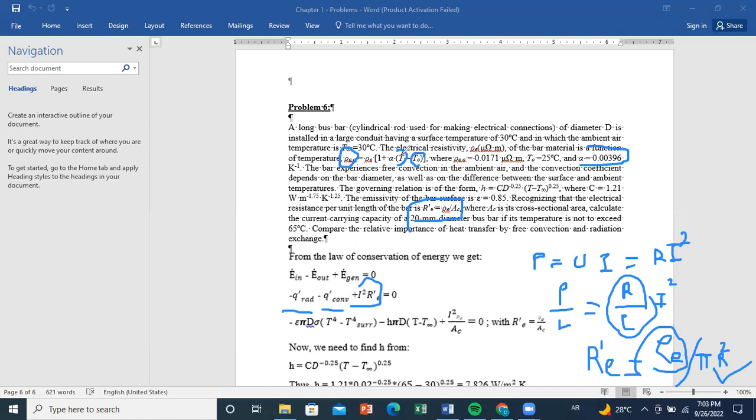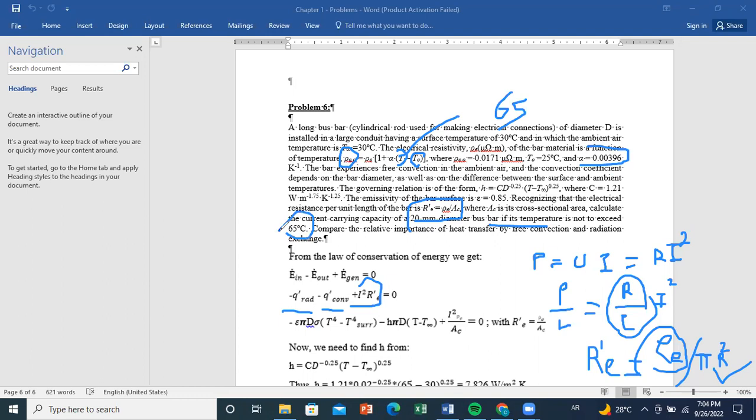No, one thing, look, here the bar material is a function of temperature. So we have the temperature of the bar. Here we should replace T by 65 because the electrical resistivity is related to the temperature of the material that we are using. So we have the rod temperature should not exceed 65 degrees.